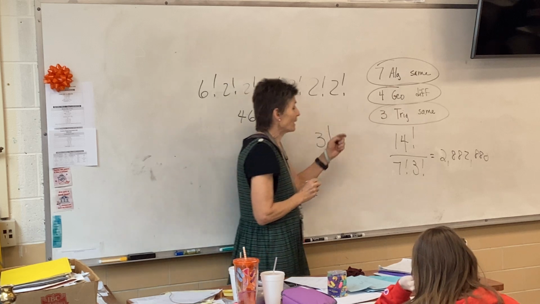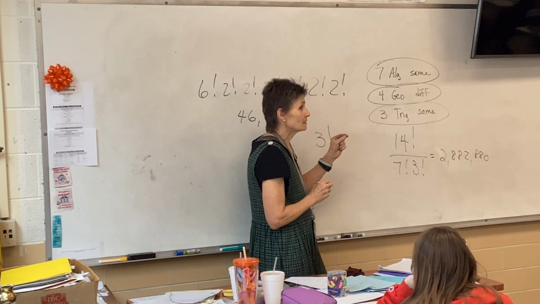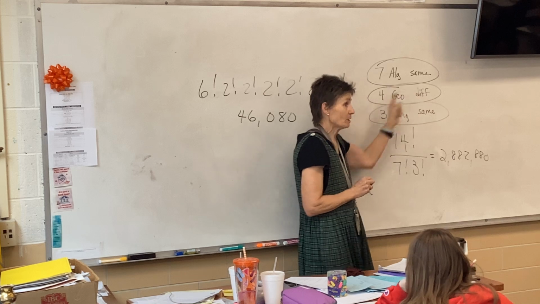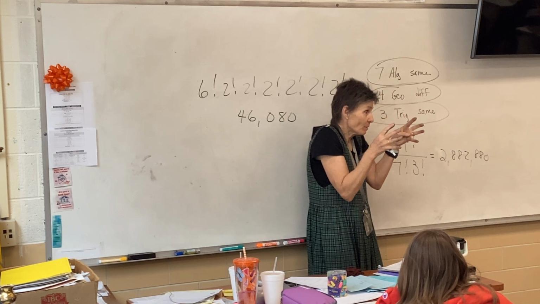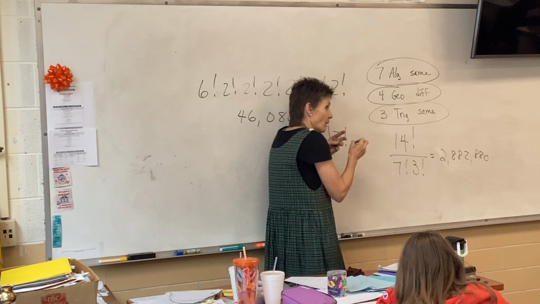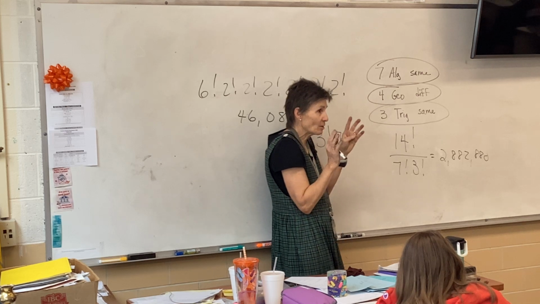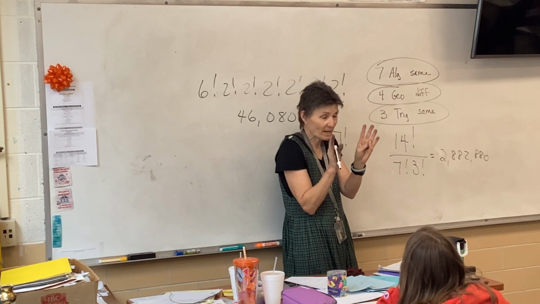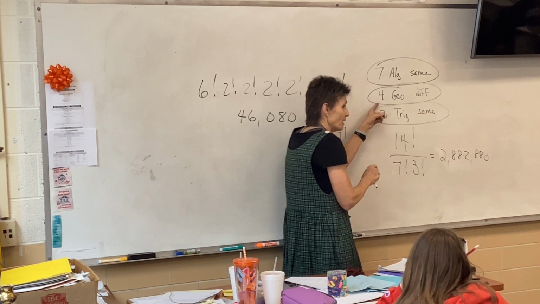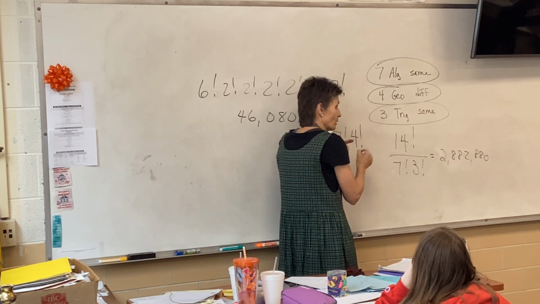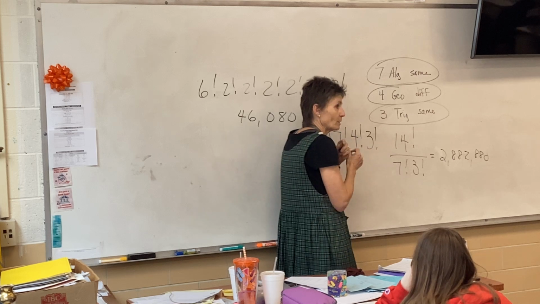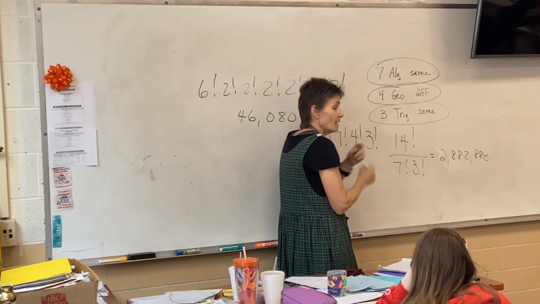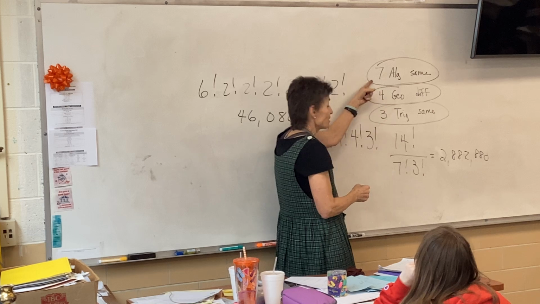Now, when I tied a string around 7 books, within that bundle, it can be arranged 7 factorial ways. Now hang on, I know what some of you are thinking, and you're right, but just hang on. This bundle can be arranged 4 factorial ways, and that bundle can be arranged 3 factorial ways. But these are still the same.